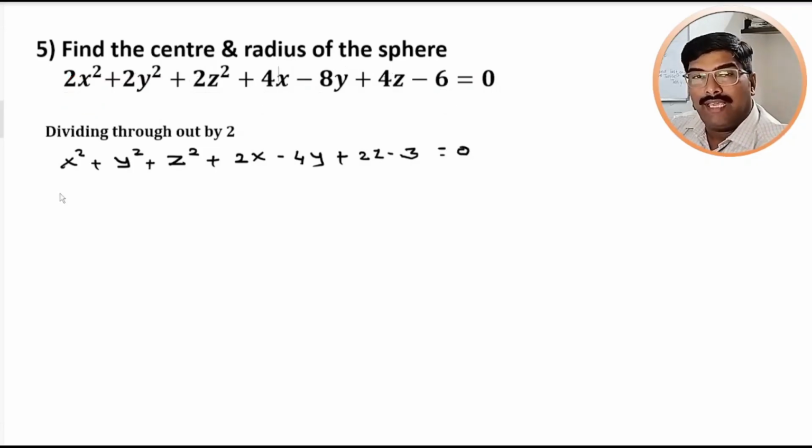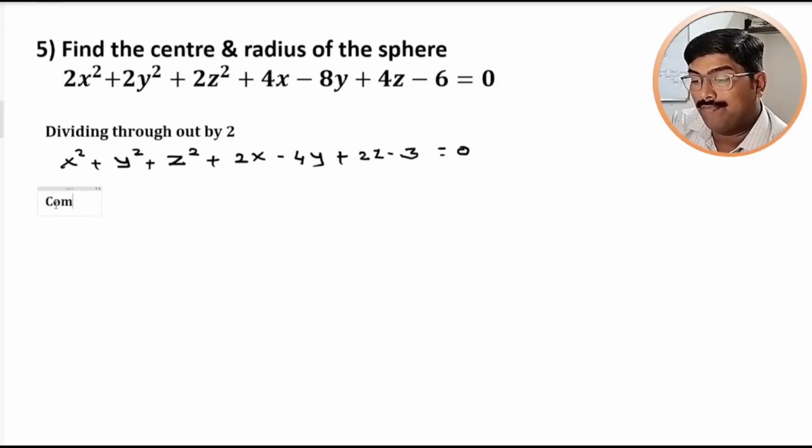Now you can see the coefficient of x square is 1, y square is also equal to 1 and z square is also equal to 1. Now we can compare the equation with the general form of the sphere.